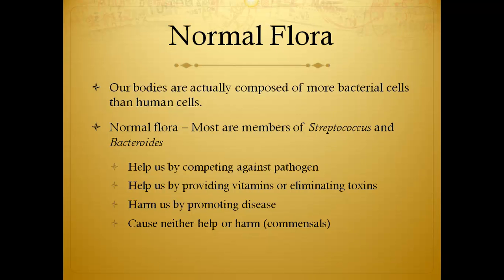Our bodies are composed of more bacteria cells than human cells. The normal flora, the organisms on our skin all the time, are something like Streptococcus. Where is it on us? It's on our skin. And some of us even carry strep.